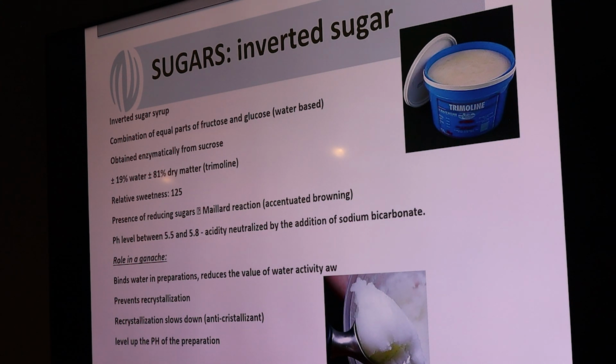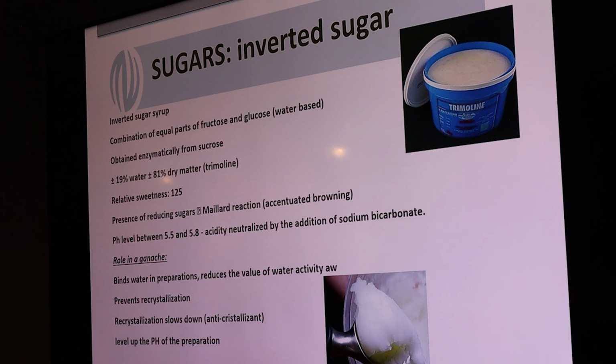In a milk chocolate ganache you have milk powder, and in the milk powder you have milk fat. So milk fat, protein and milk powder don't have the same impact, but it's more or less similar. So you can decrease the amount of inverted sugar in ganache with milk chocolate, and the same in white chocolate.